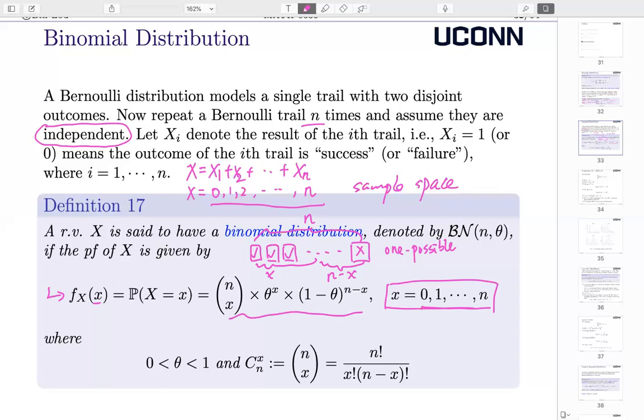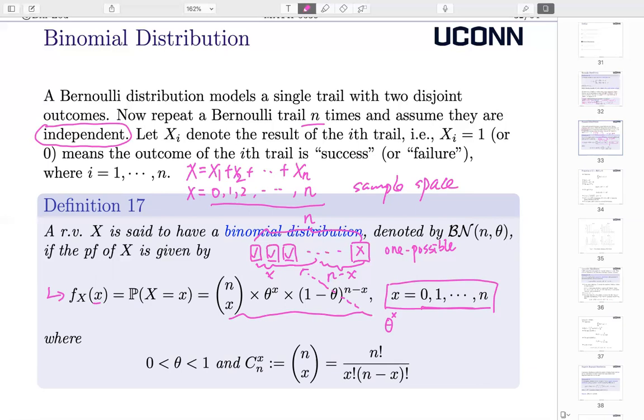In this possible scenario, the first x trials are successes, and the next n minus x trials are failures. For this very specific scenario, I know the probability is theta to the power of x, which characterizes the first x results, because for a trial to be a successful event, the probability is theta.